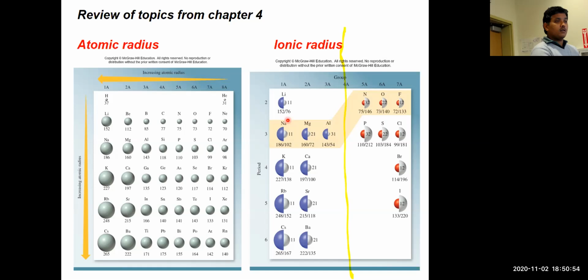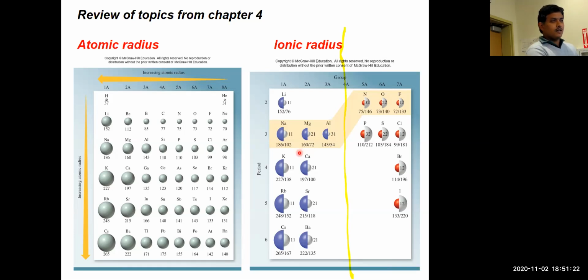When it comes to the ionic radius of the metal ions, ionic radius from left to right is decreasing. I'm looking at the atomic radius, let me look at the larger blue one, the larger number. Excuse me, I need to have coffee.